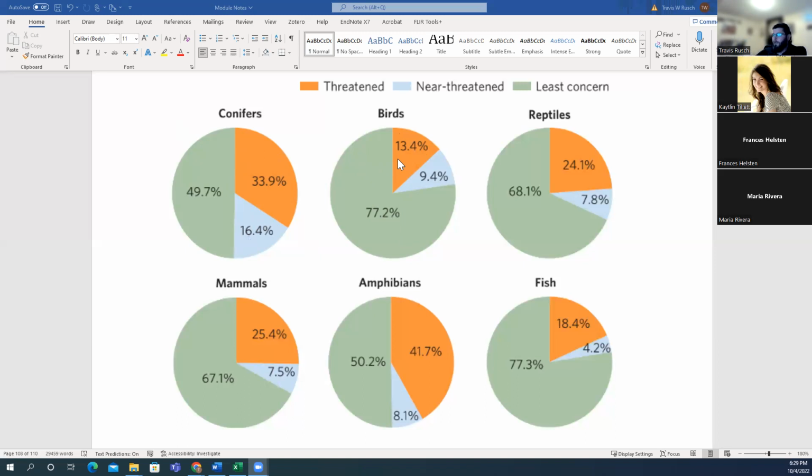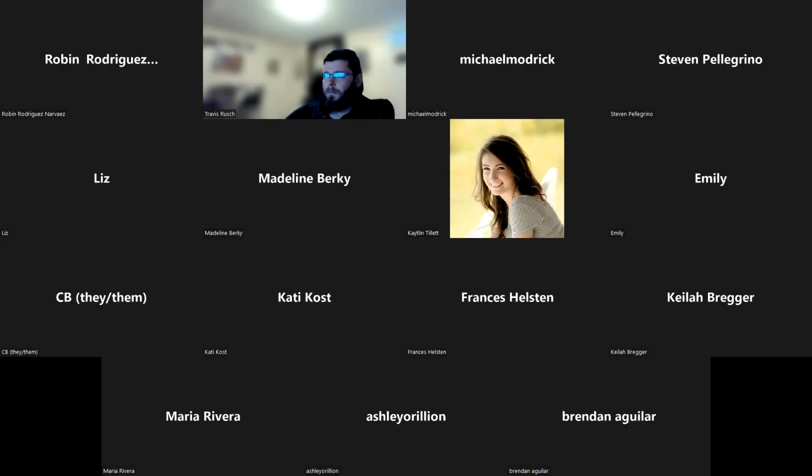For this one, it's just being able to read these pie charts and answer questions like that. Which of these 6 would be of most concern to you? Which of these 6 would be of least concern to you? Those types of questions, pretty straightforward, just interpreting this type of data. All right, are there any questions about those charts?